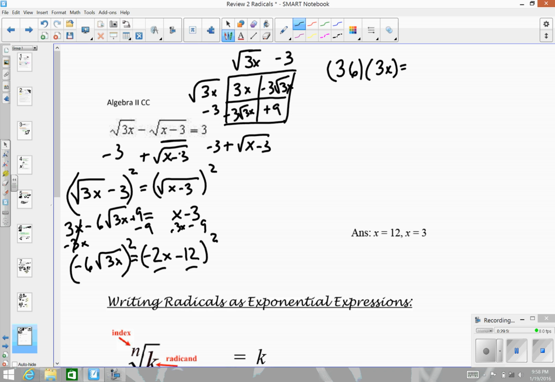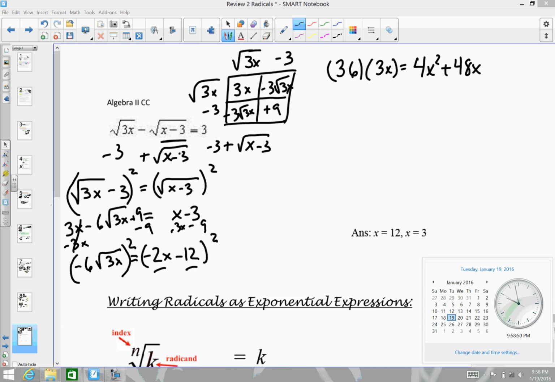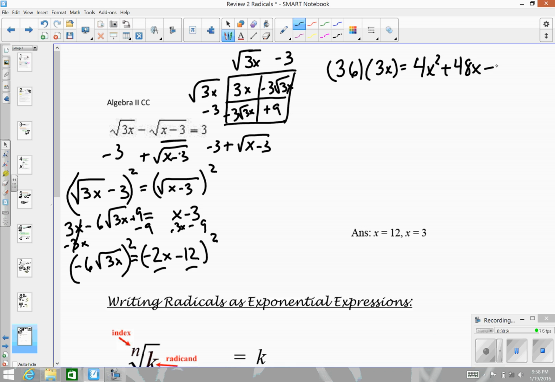I'm going to skip over to what I know that equals and write that as 4x squared plus 24x plus another 24x gives me a total of plus 48x plus 144. Now again, I've got a binomial. I know that because x squared is my highest term, so I'm going to move everything to one side, set it equal to 0.